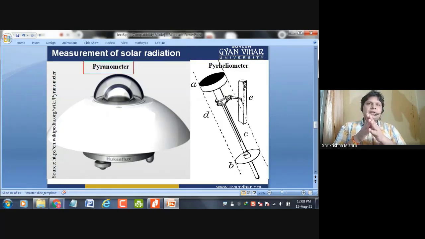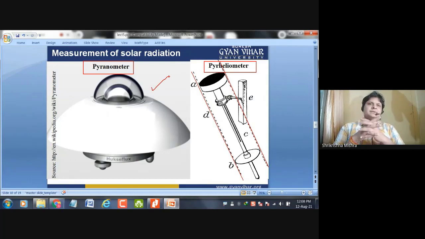You can see it in our lab also, we have it. Then the pyrheliometer. This is also visible, and we have this in our lab also.